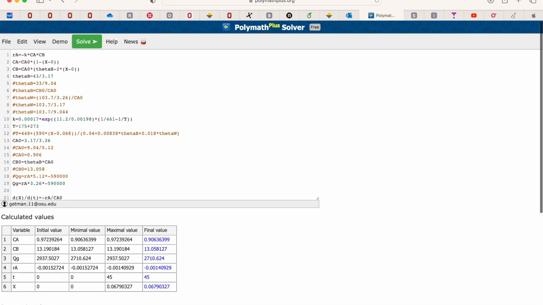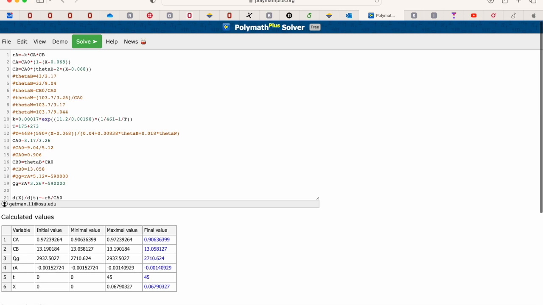So my rate law stays the same. In my concentration equations, I need to add in this conversion term. My initial concentration is going to be slightly reduced because I've already reacted some away under isothermal conditions. By subtracting out the final conversion under isothermal conditions here, that allows me to start at the concentration that would be in the reactor at the beginning of adiabatic conditions.